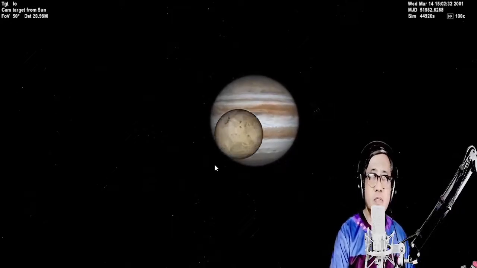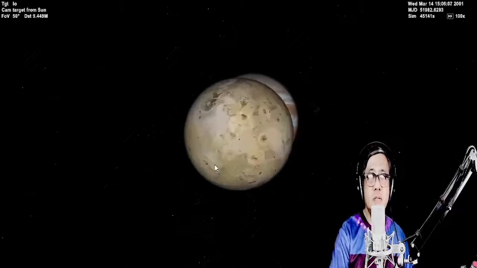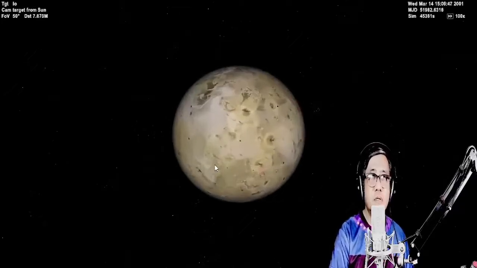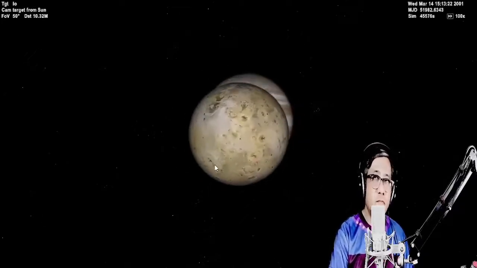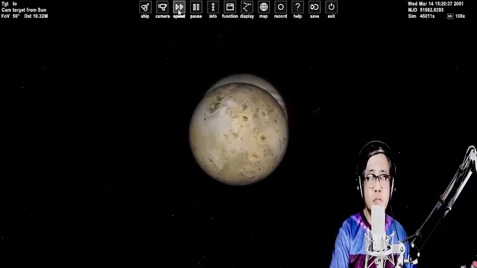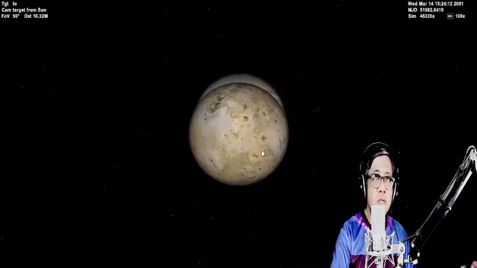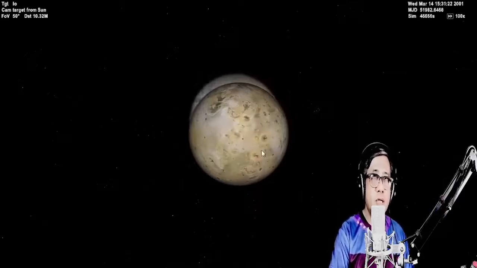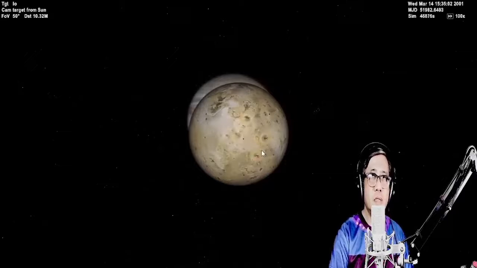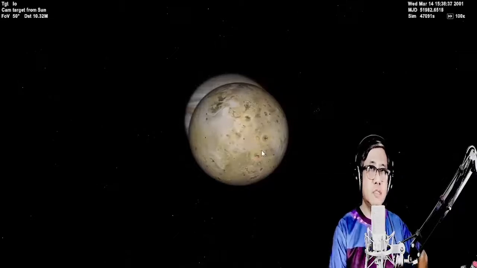Alright, mga ka-spacers. So we are now approaching Io. Ito naman si Io. Very interesting, mga ka-spacers, yung buwan na ito. Io is the most volcanically active body in the solar system.